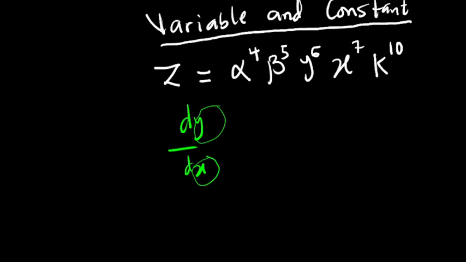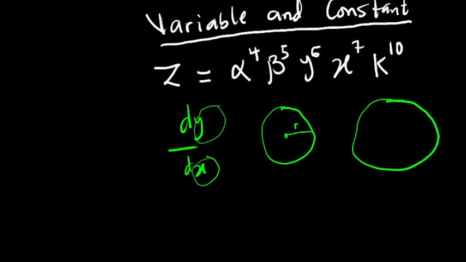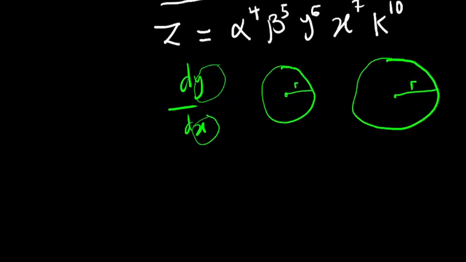For instance, look at this circle. If I draw another circle, look at this circle as well, just to give you the idea of differentiation, which is also known as differential calculus. The area of this circle is bigger than the area of the other circle, and that one is also bigger than this one.